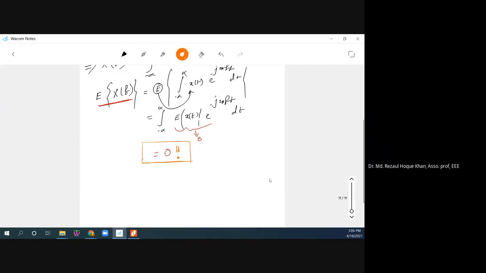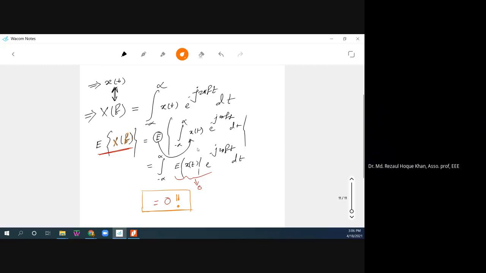Why do we get this result? There is a reason. What we did was the Fourier transform of a signal. Which signal? This signal. What is the nature of this signal x(t)?